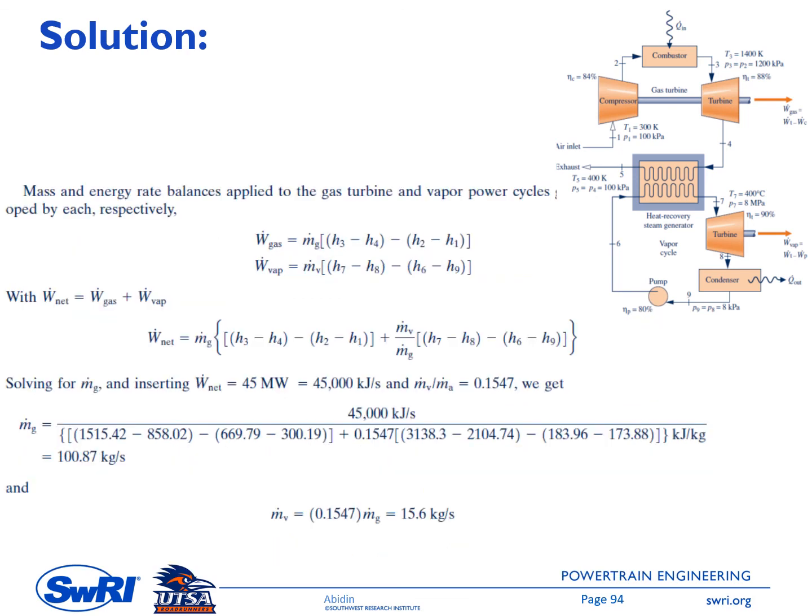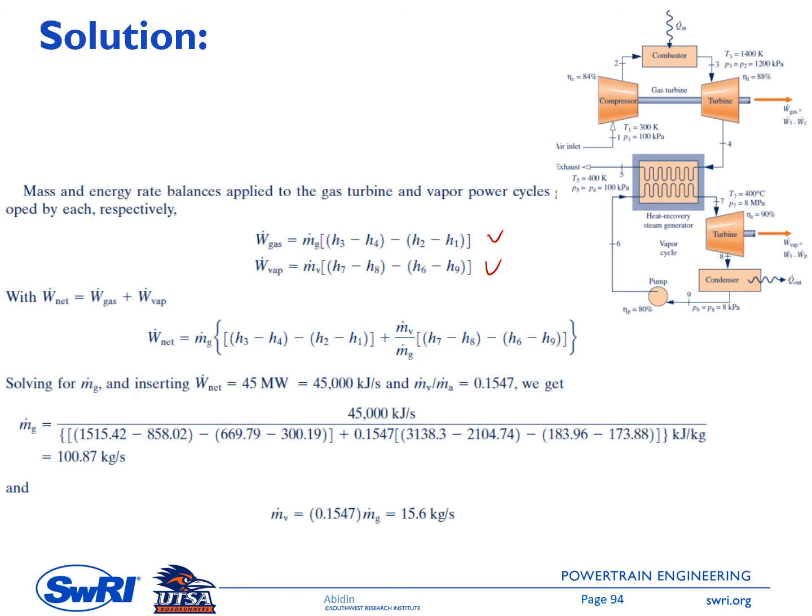The next step is to calculate the net work from each cycle. The first equation here is the net work from the gas turbine side, and the second one is the net work from the vapor cycle side.